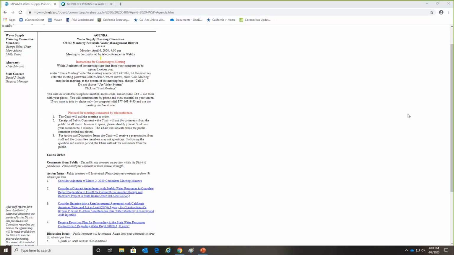And then Dave, could you report what you can on who's connected? Yeah. So myself is MPWMD staff on the screen. Director Edwards is participating as a member of the audience. Looks like Catherine Stedman, is that you? Yep, that's me. George, you are on, for those of you who are looking at the screen, you're user 4. John Lear is user 5.